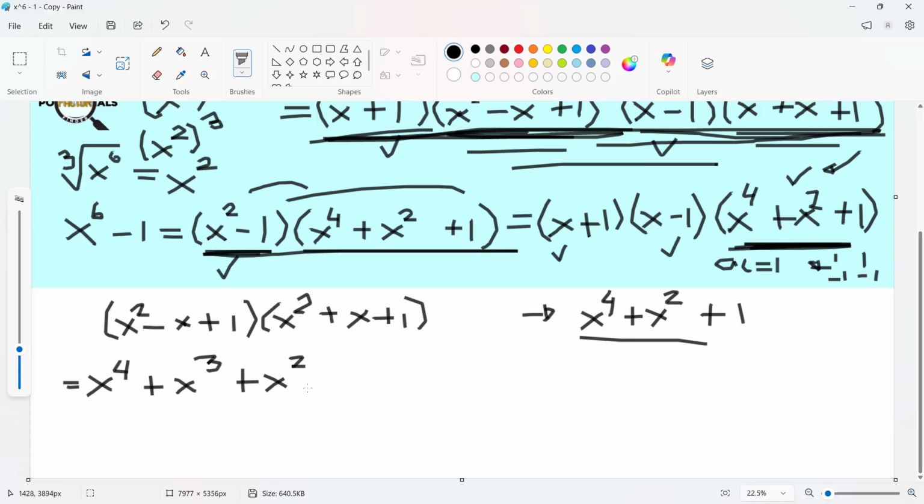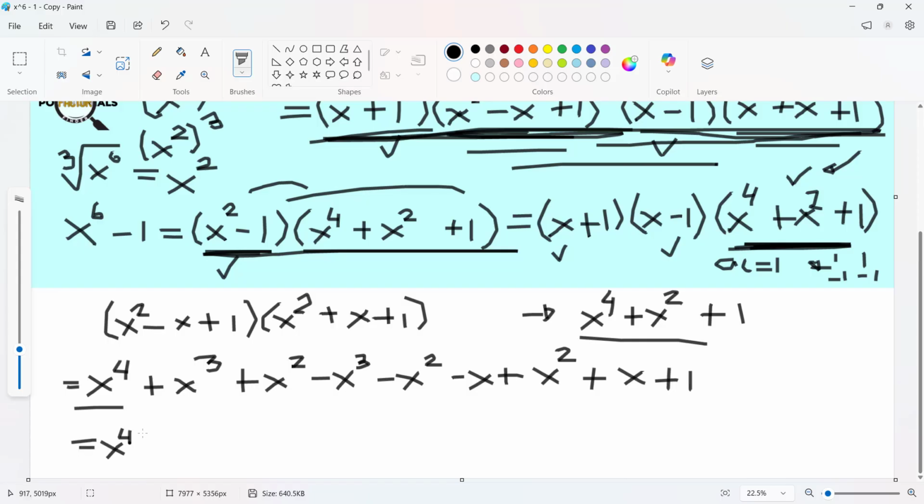Next, negative x times x squared is minus x cubed. Negative x times x is minus x squared, and negative x times 1 is minus x. For the last term, 1 times x squared is plus x squared, 1 times x is plus x, and 1 times 1 is plus 1. So x to the power of 4 stays as it is.